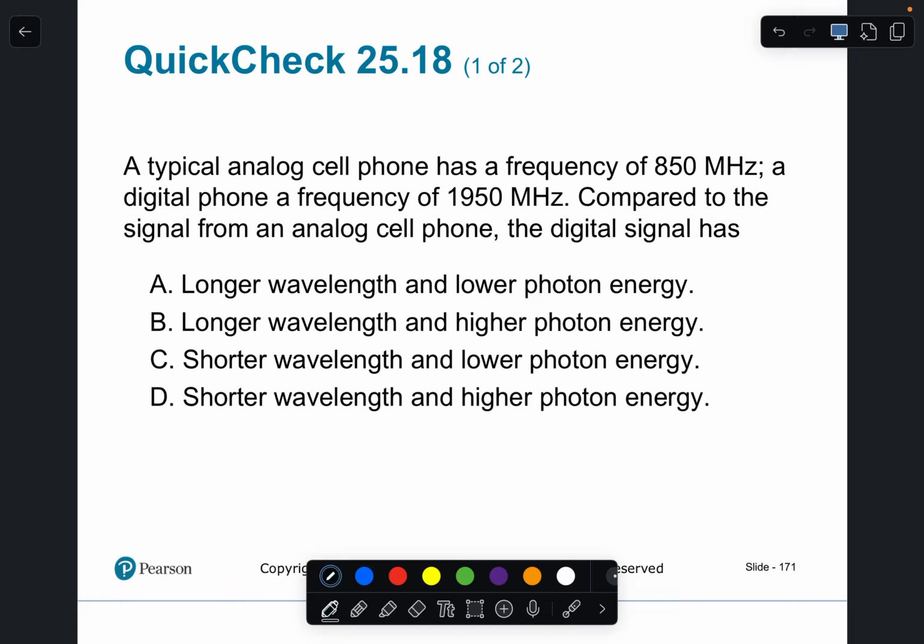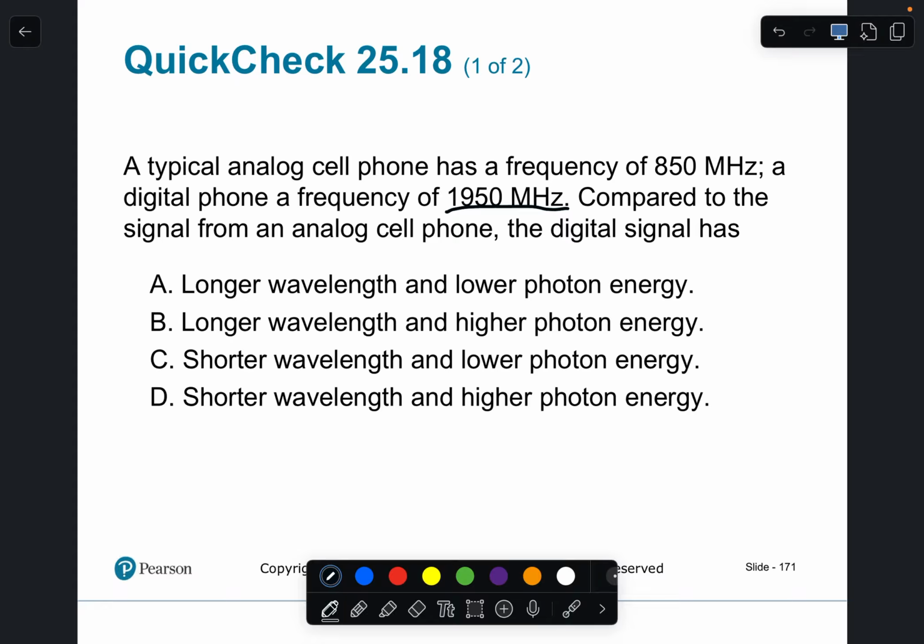We're changing the frequency that we're operating at to communicate wirelessly. Newer cell phones operate around a frequency of 1950 megahertz. The reason it's changed is because we've gotten better at coding information in higher frequencies, and higher frequency waves will travel farther than lower frequency waves.